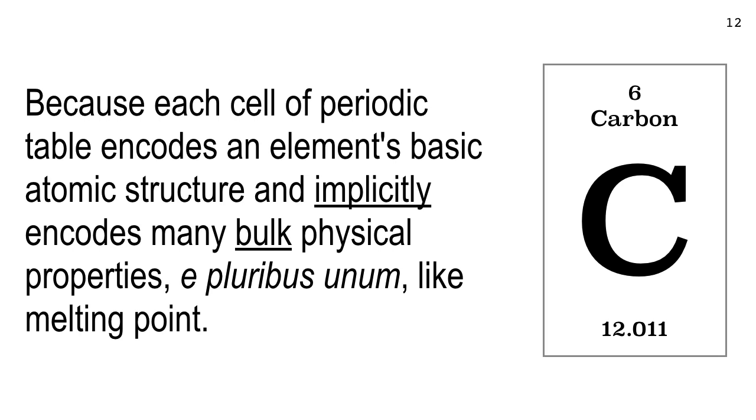But everything that happens in stacks and in rows of the periodic table contains a certain specific set of physical properties. So the cell itself tells you one of the pluribuses, but the unum from E pluribus unum is something like the melting point or the density or any of the other bulk properties of carbon. And so you just look it up.